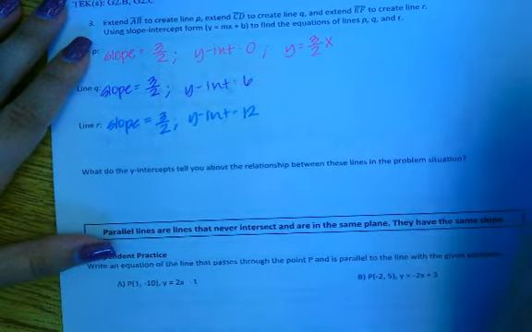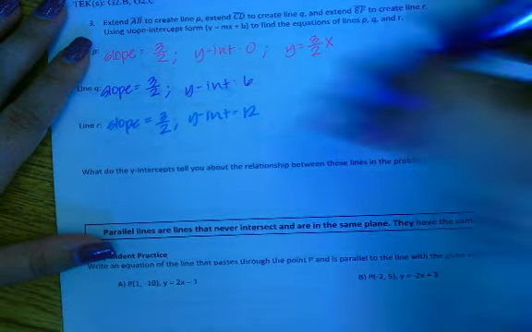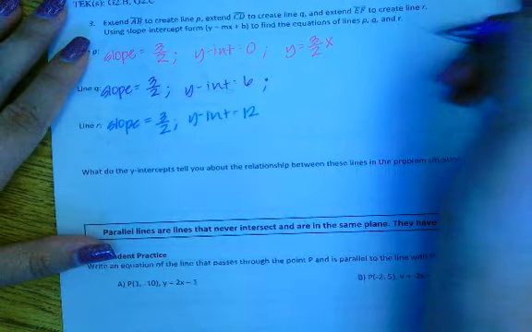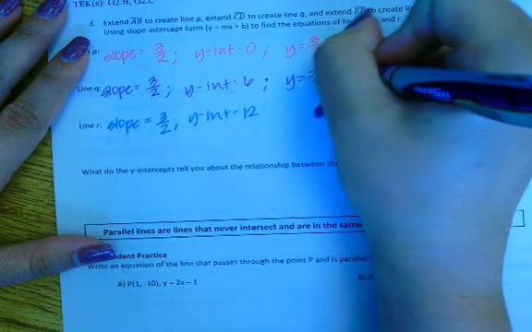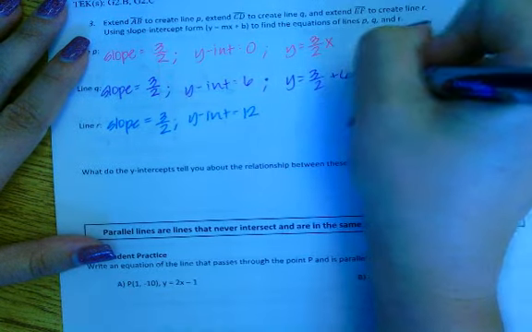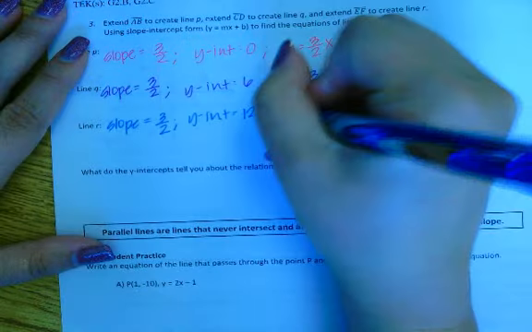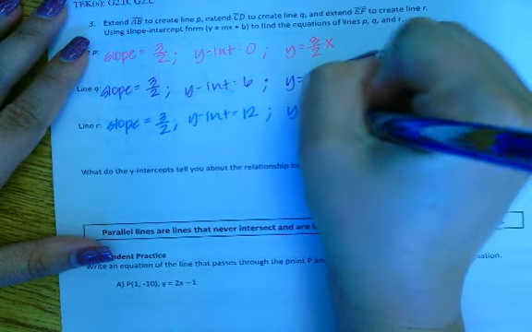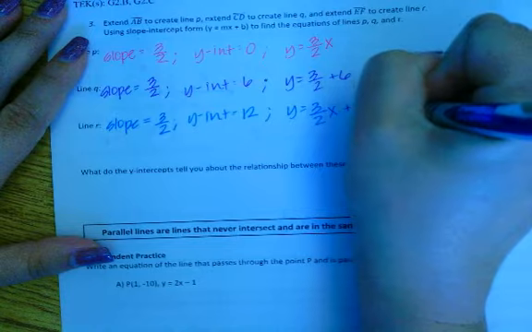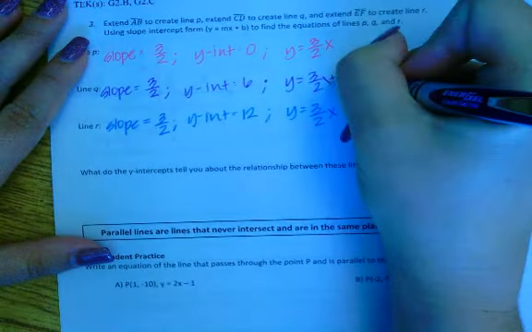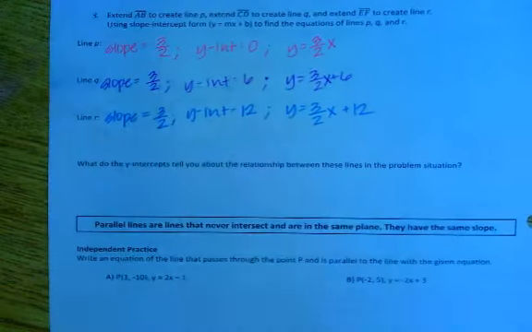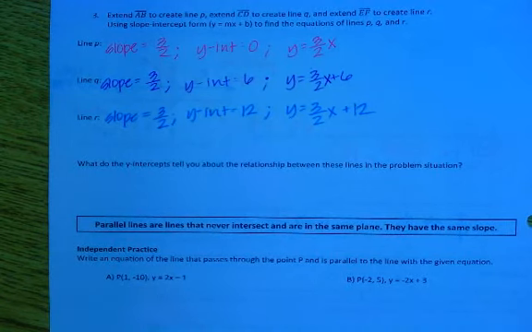Don't forget your x. You don't have to include the plus 0. Okay, what about for line Q? Very good. And line R? Awesome. Oh, I forgot my x. Hold on. Very good.